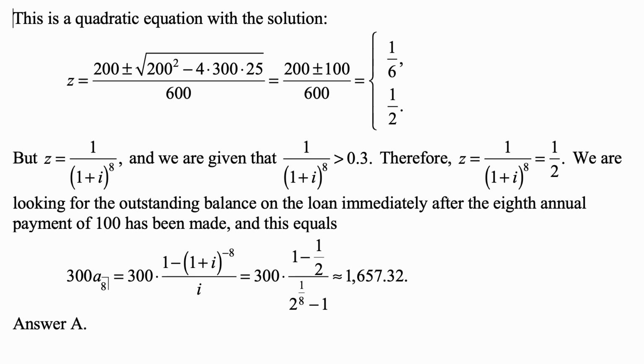We are looking for the outstanding balance on the loan immediately after the 8th annual payment of 100 has been made, and this just equals the present value of the remaining payments of 300, so that's 300 a angle 8, which is 300 times (1 minus (1 plus i) to the negative 8) over i. (1 plus i) to the negative 8 is 1/2, so that's 300 times (1 minus 1/2) over i, and because 1 over (1 plus i) to the 8 is 1/2, we can simply solve this for i, and that would give us that (1 plus i) to the 8 is equal to 2, so 2 to the 1/8 is equal to 1 plus i, so i is equal to 2 to the 1/8 minus 1, and that's what we have here.